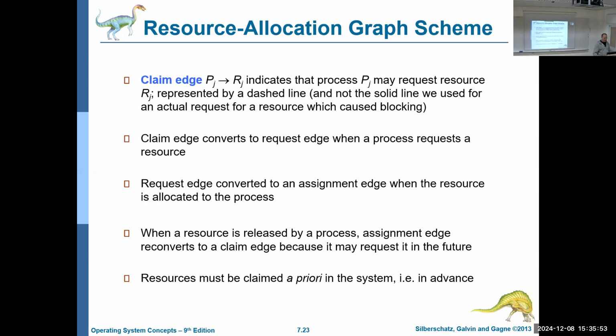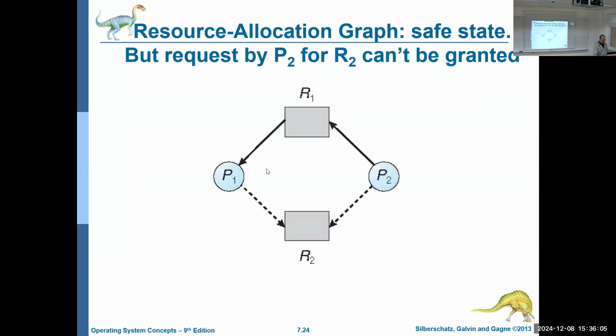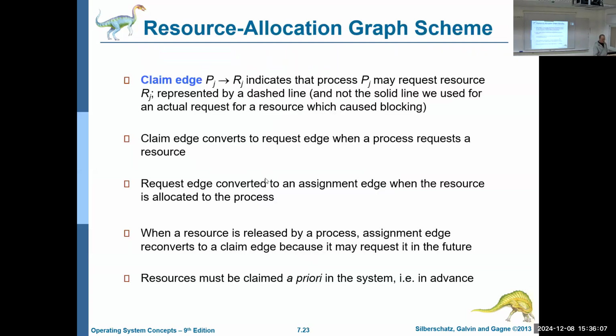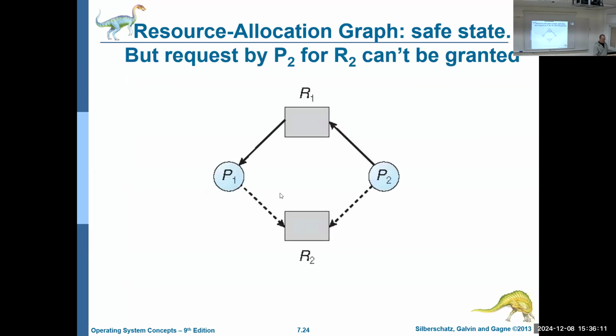Claim edge. Resource allocation graph scheme. If P_j is pointing to R_j, it indicates that the process P_j may request resource R_j, represented by a dashed line. Again, let's go to the picture here. What's the difference here?